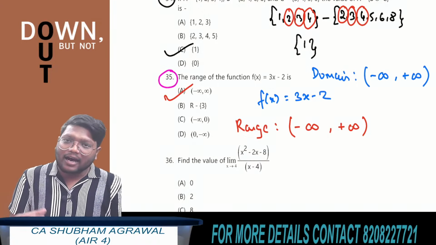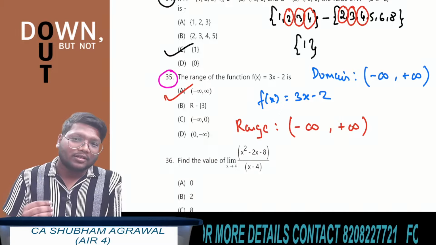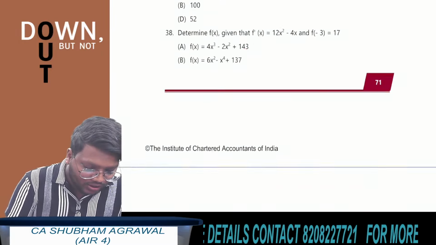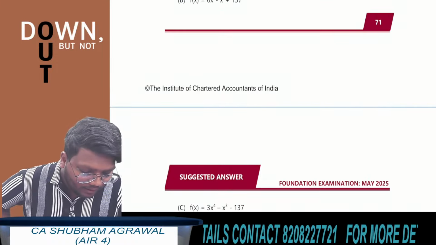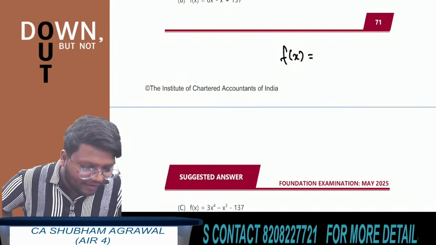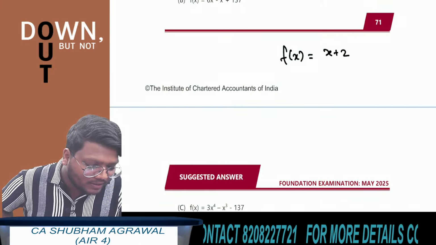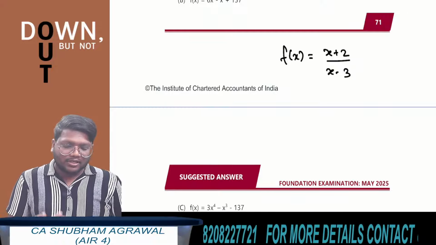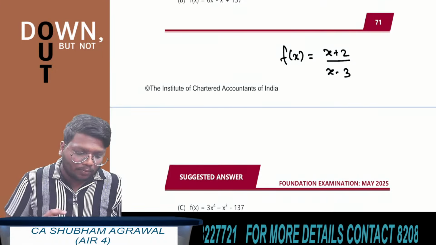Okay, they can ask the range of the function or they can ask the domain of the function also. See, I am giving you one question in which you have to find the domain. Let's say the function f of x is equal to x plus 2 upon x minus 3.